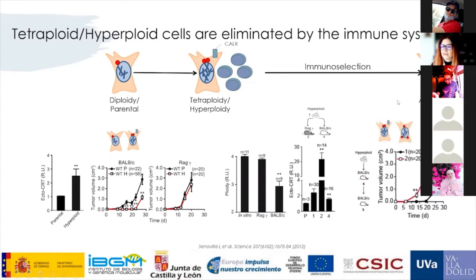And in fact, if we compare the tumor growth of tetraploid cells when they are injected for the first time into immunocompetent mice, and we inject the immunoselected tumors from these mice again into immunocompetent mice, we observe that these immunoselected tumors grow faster and appear earlier. So this is in coherence with the aggressiveness of aneuploid cells.